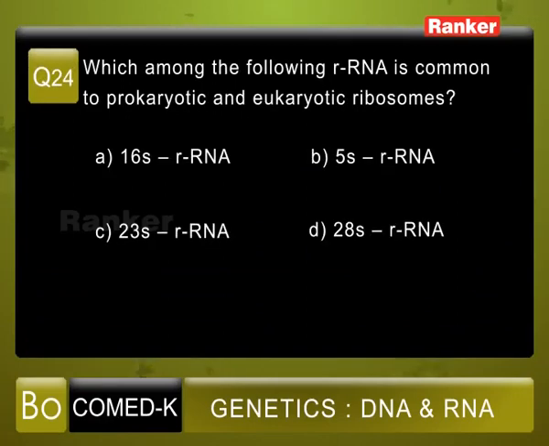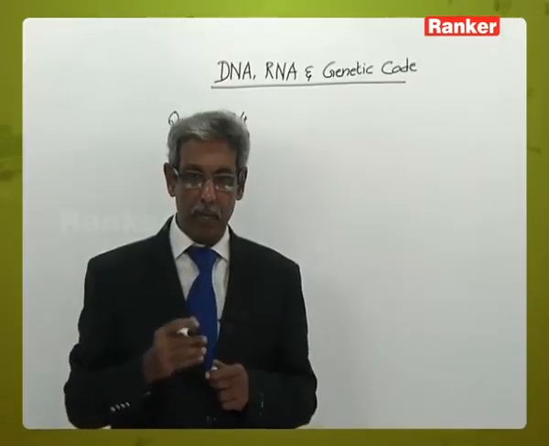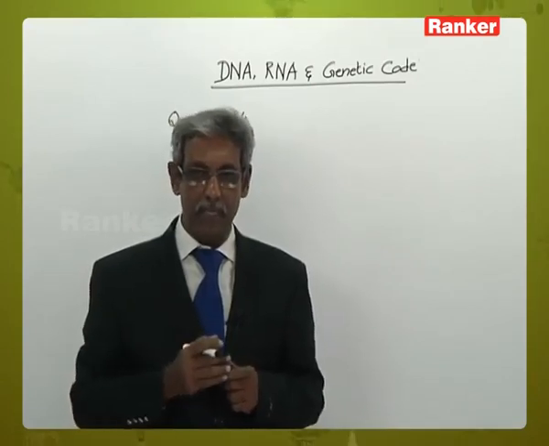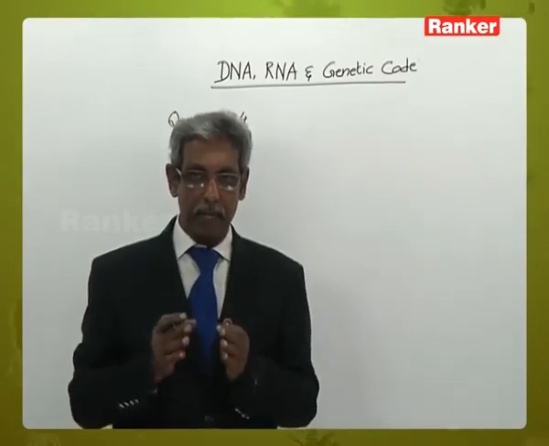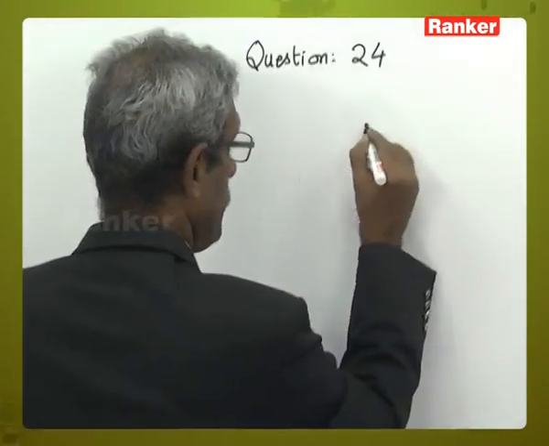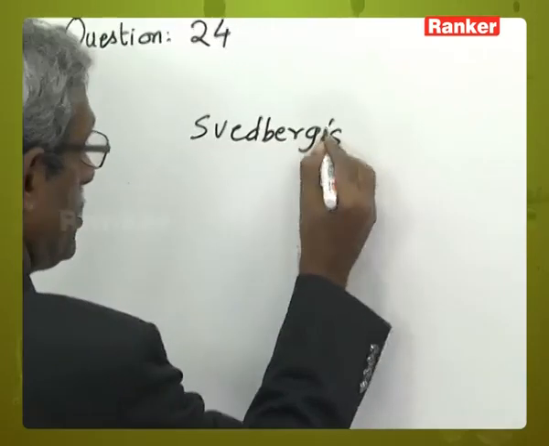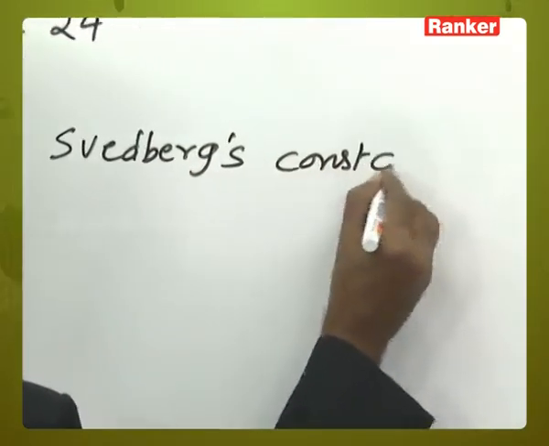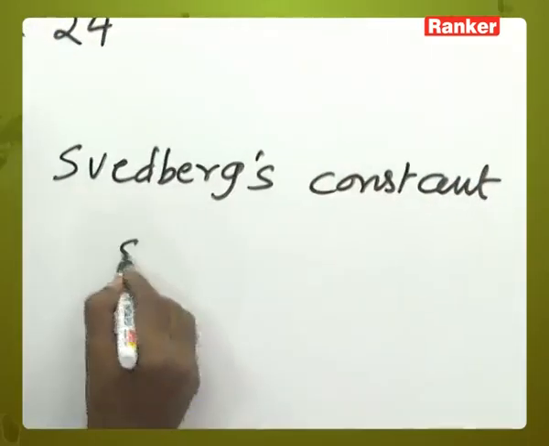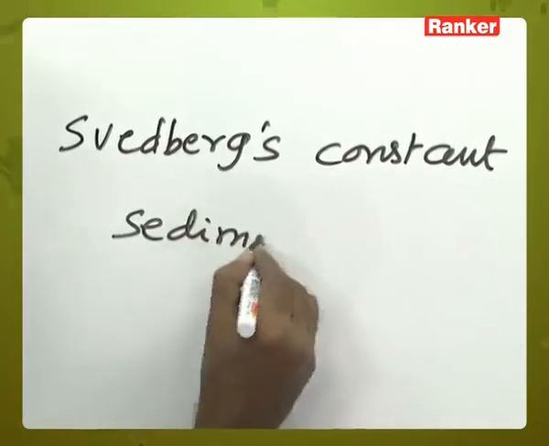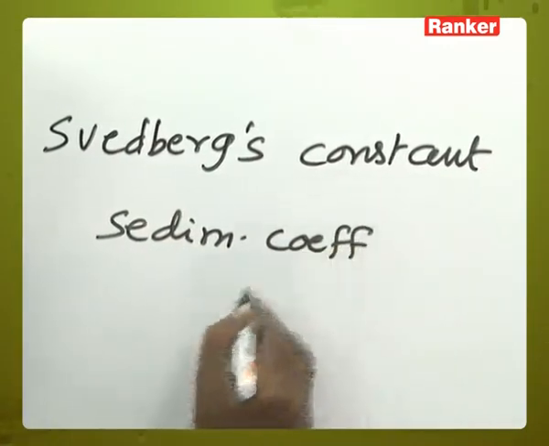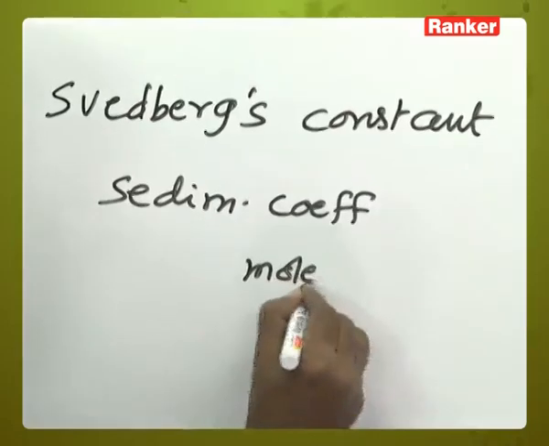Question number 24 asks, which among the following ribosomal RNAs is common to prokaryotic and eukaryotic ribosomes? Both prokaryotic and eukaryotic ribosomes can be classified based on the Svedberg constant, or their sedimentation coefficient, that is on the basis of their molecular weights.